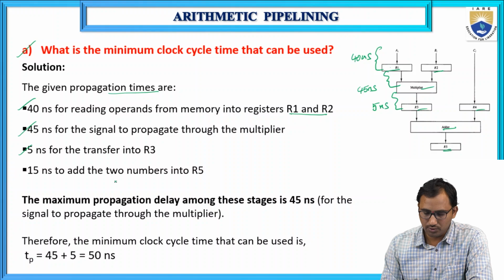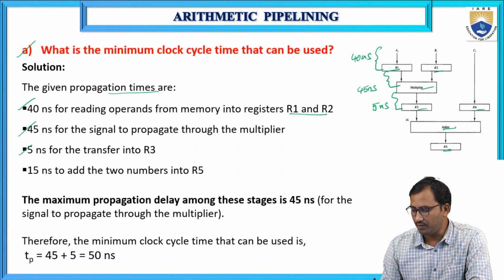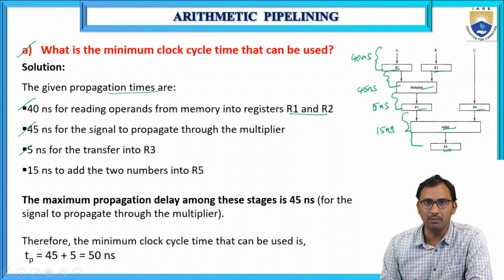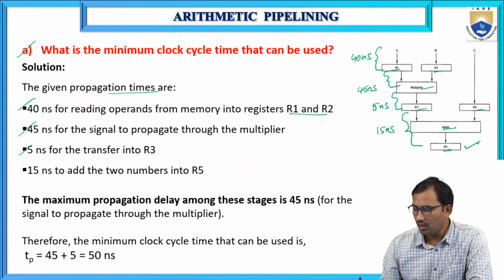And 15 nanoseconds to add the two numbers into R5. This 15 nanoseconds is to add the R3 and R4 register contents, and once added, the result is transferred to the R5 register.